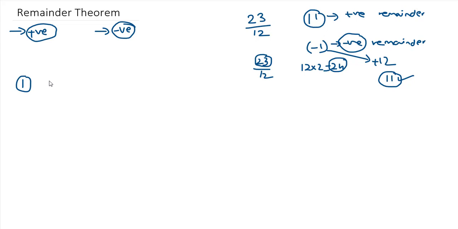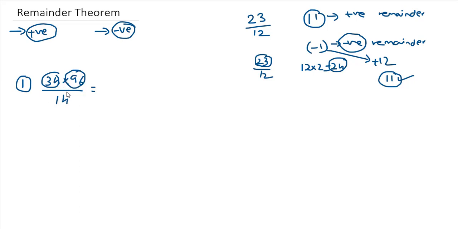Let us consider this example. 34 into 96. If you want to find the remainder when this number is divided by 14. So one way of doing it is first find the product of these two numbers and then divide by 14, which is quite a lengthy one. What we'll do instead is we'll find the remainder when each of these numbers are individually divided by 14.